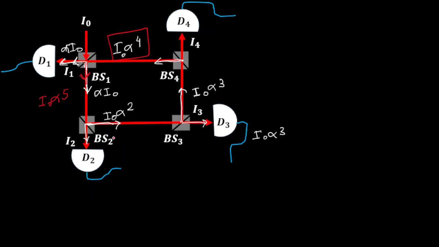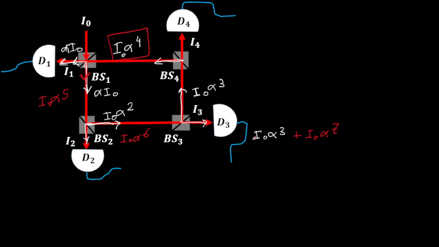After passing through beam splitter 2, the intensity will be I naught alpha to the power 6, and when it passes through beam splitter 3, this intensity into alpha gives I naught alpha to the power 7.